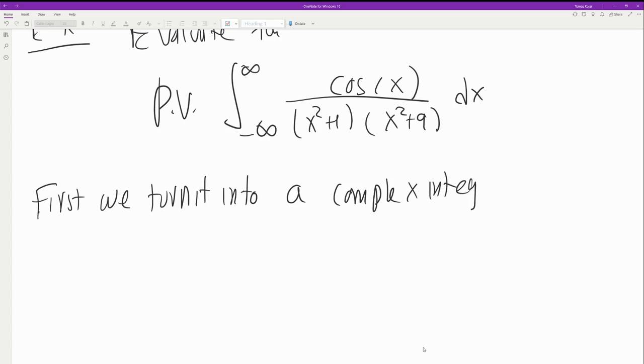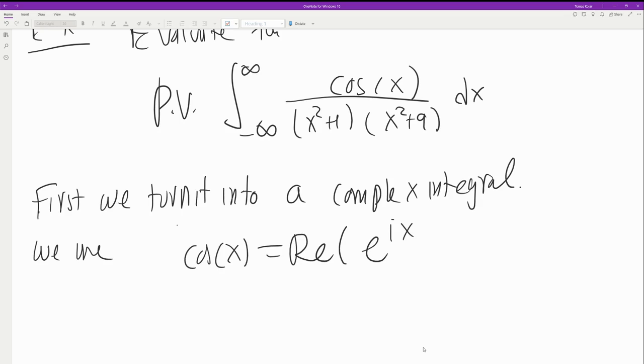Okay, so let's do that first. We use e to the ix. Let me write it this way: cosine of x is equal to the real part of e to the ix. This is just Euler's formula.